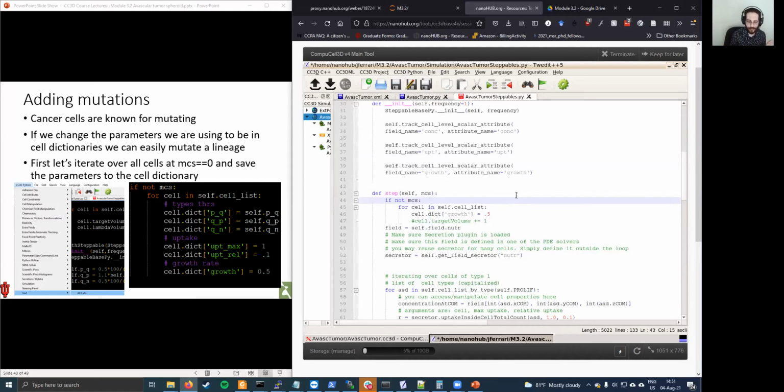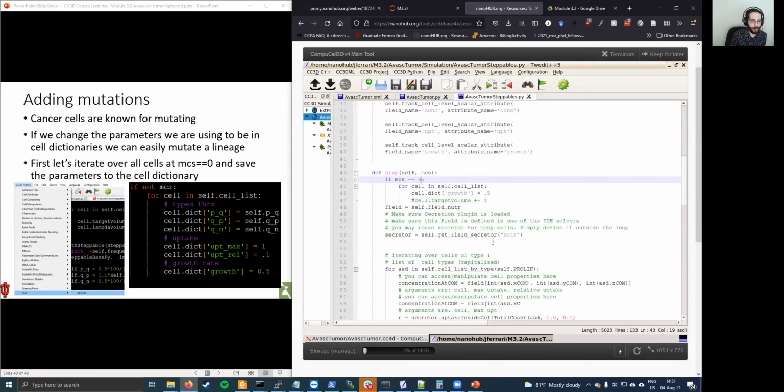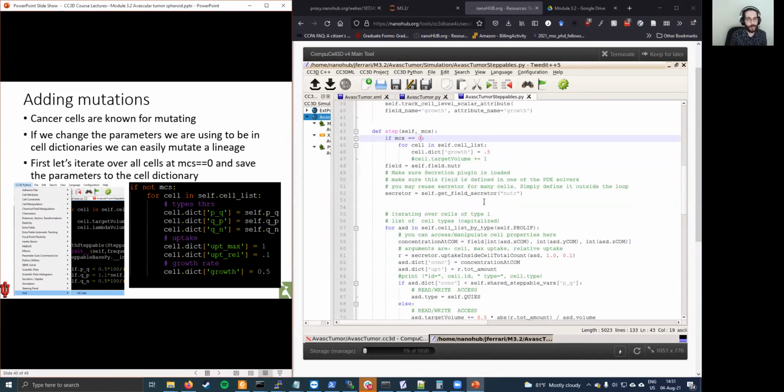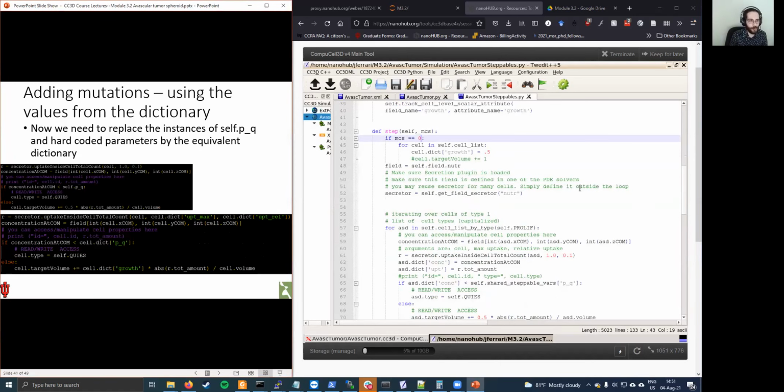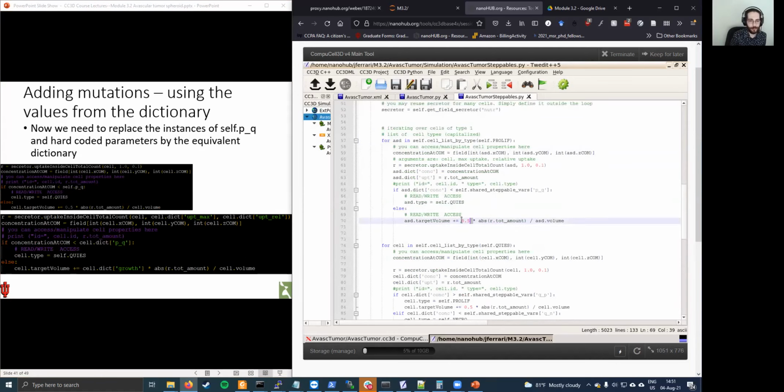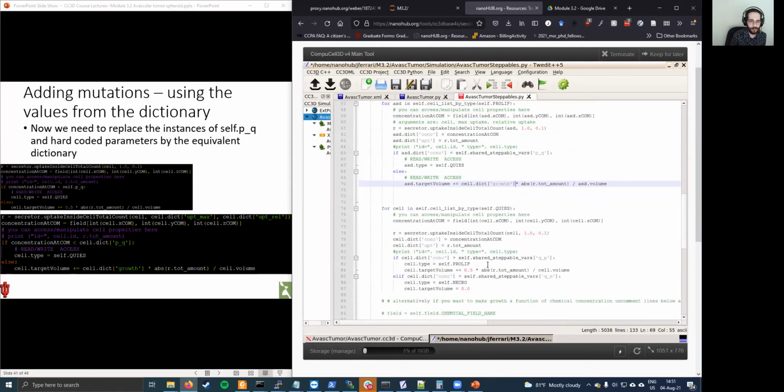To me, they are both equally clear, but it's personal preference. So if MCS is 0, set that growth. And now what we are going to do, and we are almost done, is, well, first, remember to replace the halves here by self.dict growth.